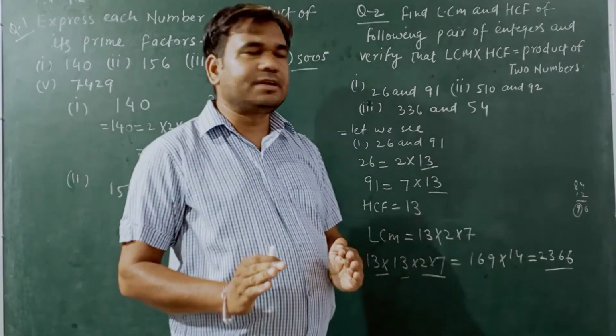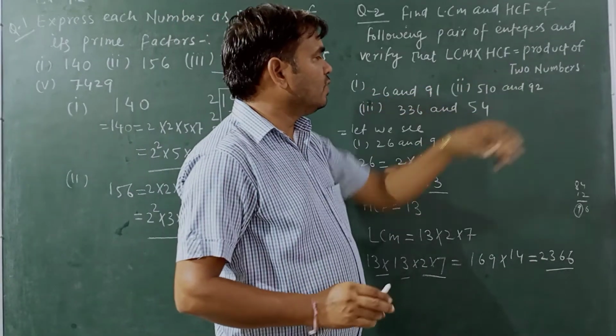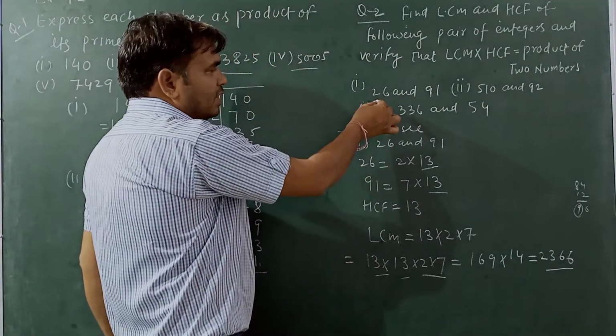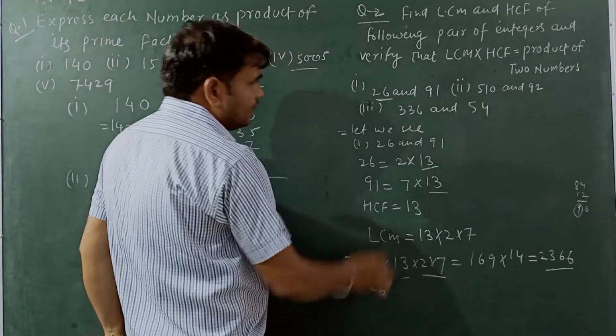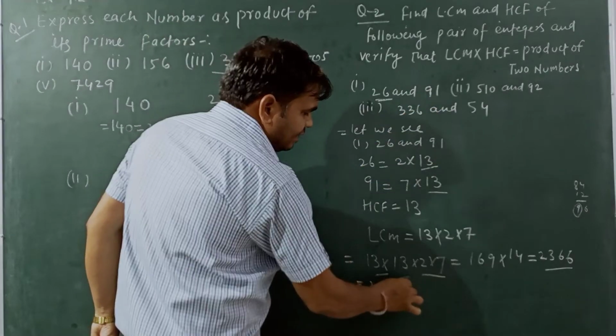And now if we see the product of the two numbers, the first number is 26 and the second number is 91.